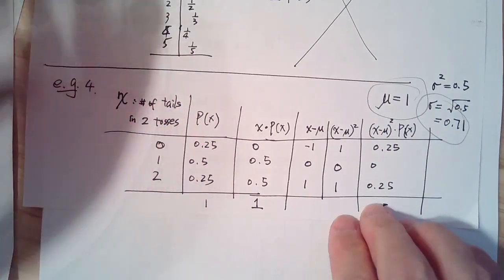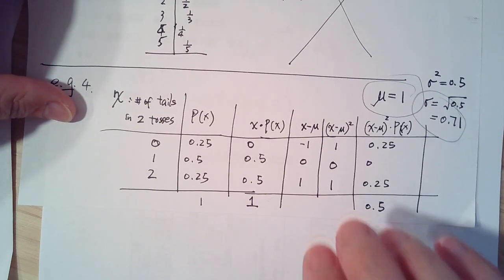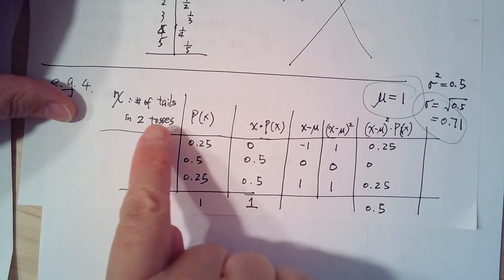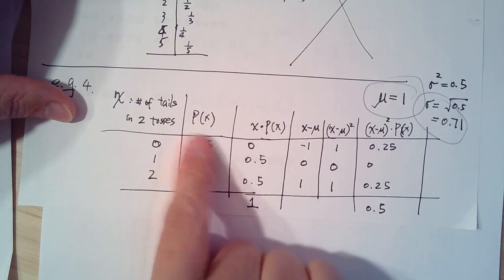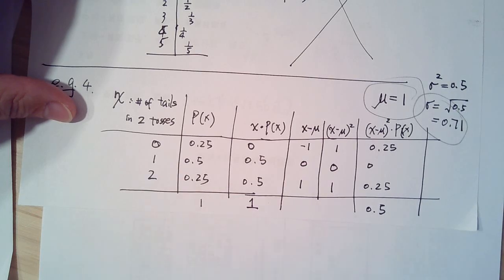Now, you might want to stop the video and read this again and think about it. Once you have the probability distribution, you have x, you have p of x, and you double checked that it satisfies the three requirements of the probability distribution, then you can go ahead and find the mean and the standard deviation.